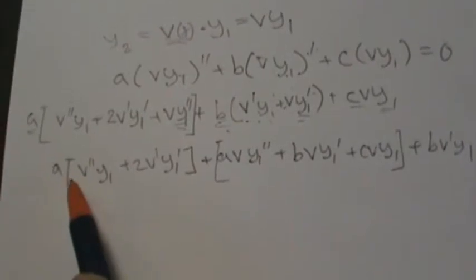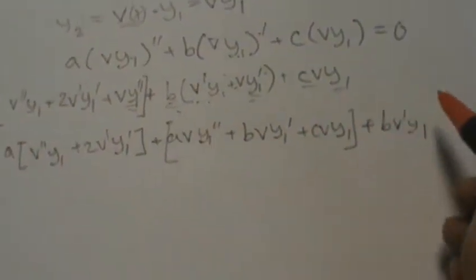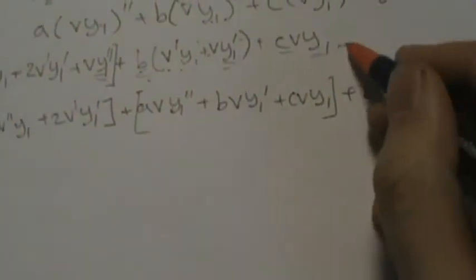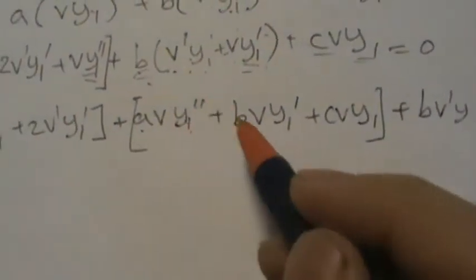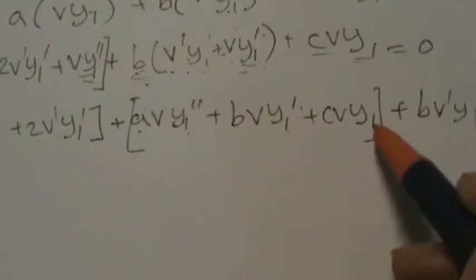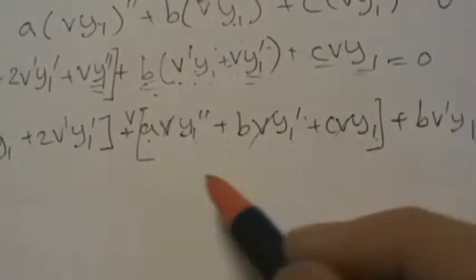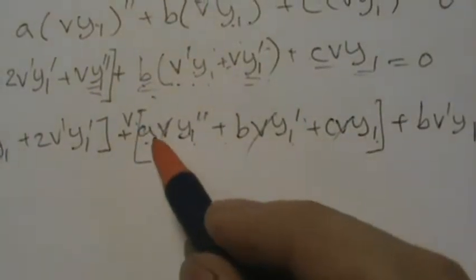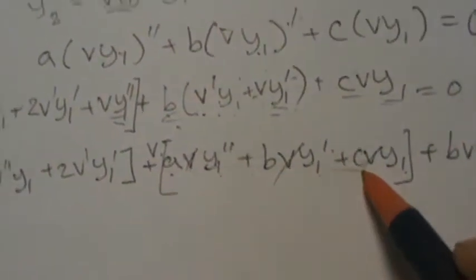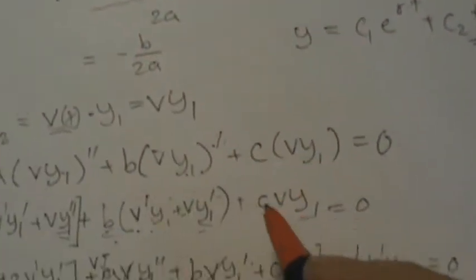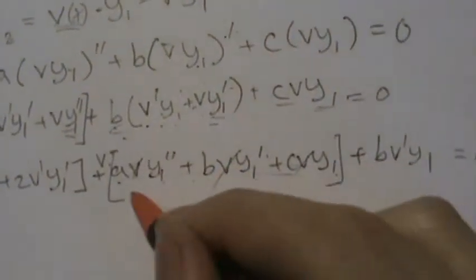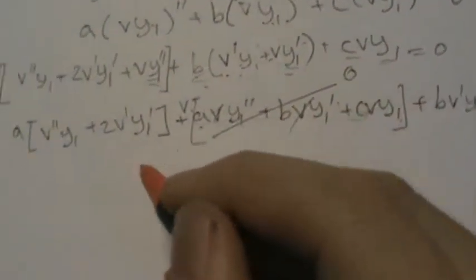Right? So I didn't do anything at all, I just moved things around. The entire thing has to equal 0. And if you notice that a y1 double prime plus b y1 prime plus c y1, I can take the v out. But we've been told in the beginning that this has to equal 0. So if that's the case, then the entire thing here goes to 0, right?